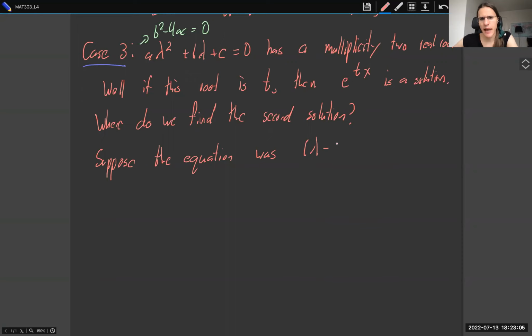So suppose you have lambda minus t times lambda minus t star is equal to 0 for t star not equal to t. Then e to the tx and e to the t star x are solutions.